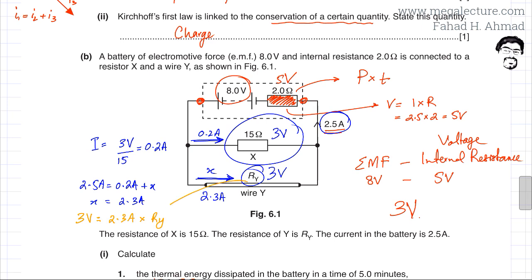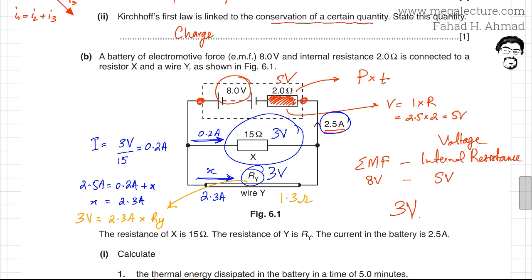Making Ry the subject of the equation and solving, it's going to be 3 divided by 2.3 amperes. My answer is coming out to be equal to 1.3 ohms. So the resistance Ry would be equal to 1.3 ohms.